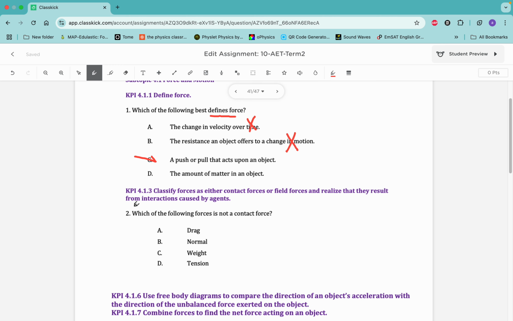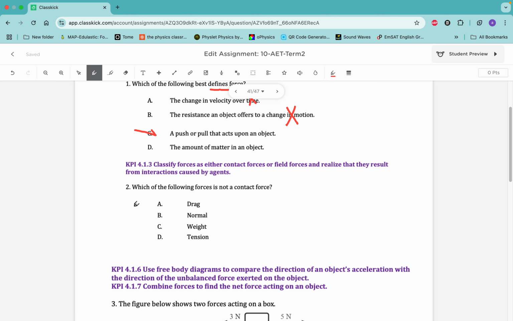Okay, going to the next part, which is: which of the following is a non-contact force? Non-contact means it doesn't require a direct touch. Mainly we know we have two types of forces. Forces can be categorized as contact, or we have another type which is non-contact.